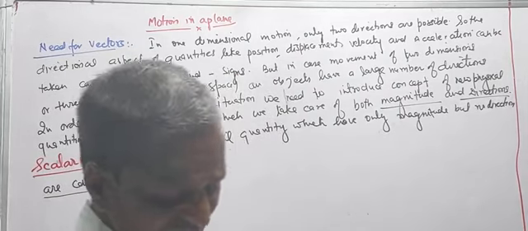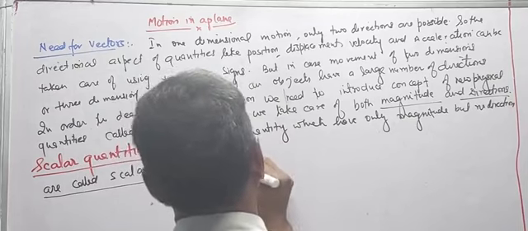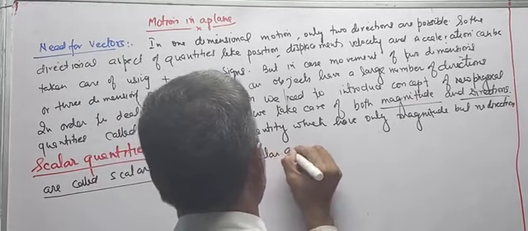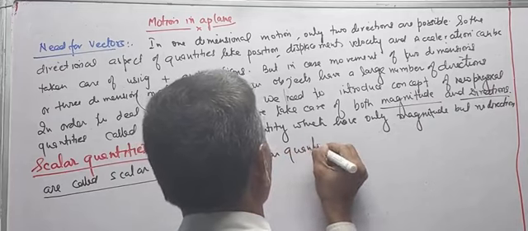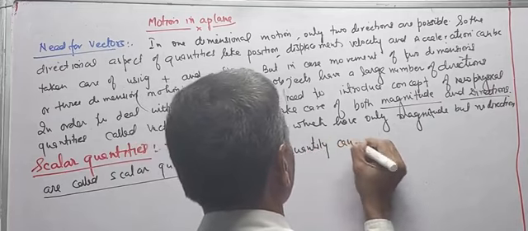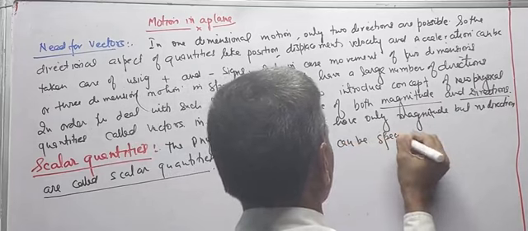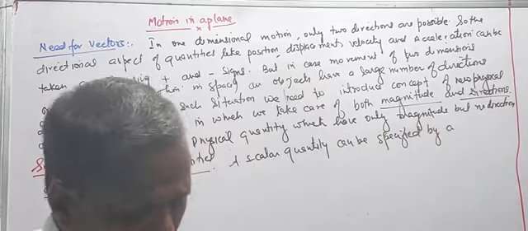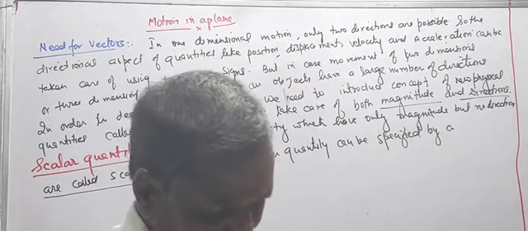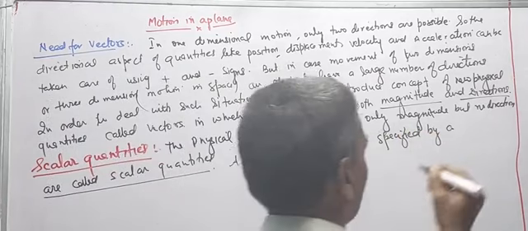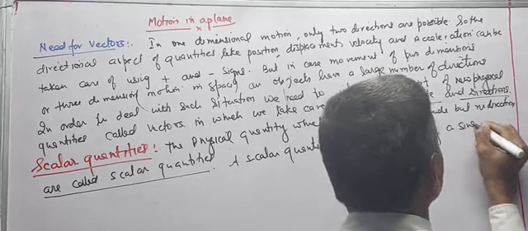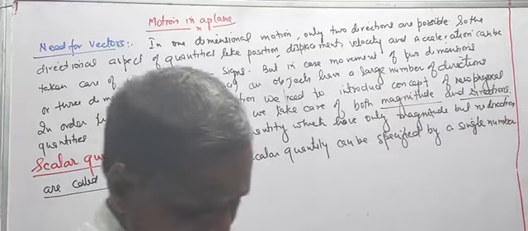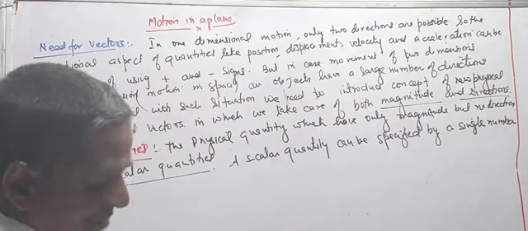A scalar quantity can be specified by a single number along with the proper unit.